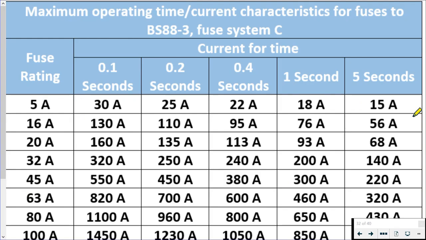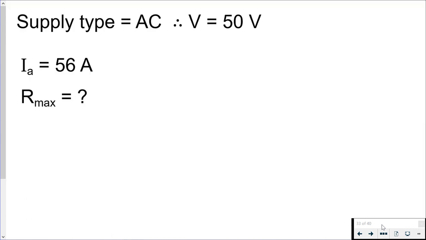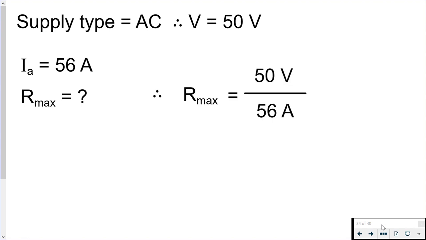So in the table, it's a 16 amp device, and that says we've got 56 amperes is going to flow in order to operate that device in 5 seconds. So we take that same information and throw it into our Ohm's law calculation. 50 volts max touch voltage divided by the 56 amperes, which is a 5-second operating current. That gives us 0.89 of an ohm.